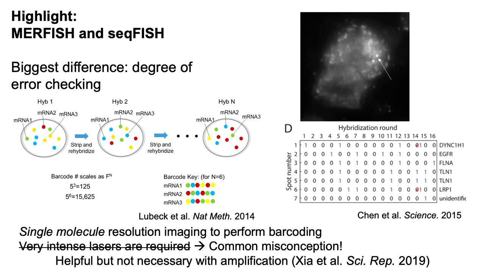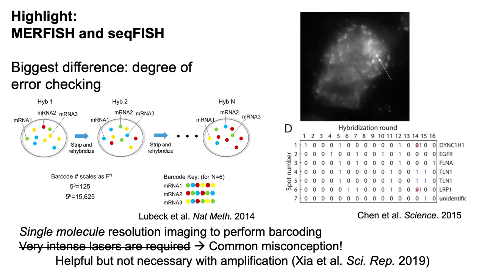Here you have mRNAs that are detected in every round with a particular color. And the number of mRNAs you can detect is the number of barcodes to the power of the number of cycles you have available. So the basic idea is that with 5 barcodes and 3 cycles of imaging, you can do 125 genes.